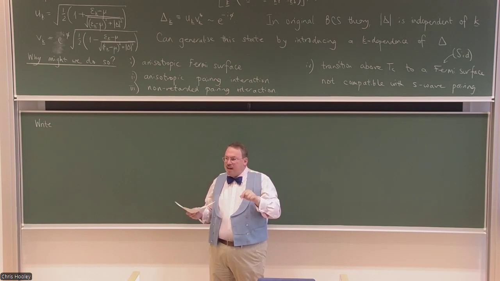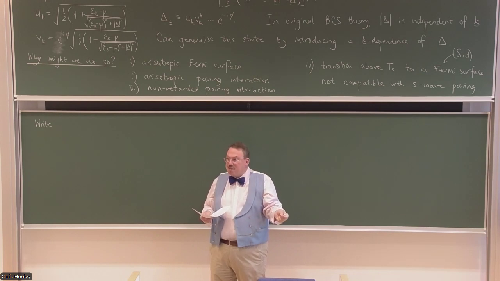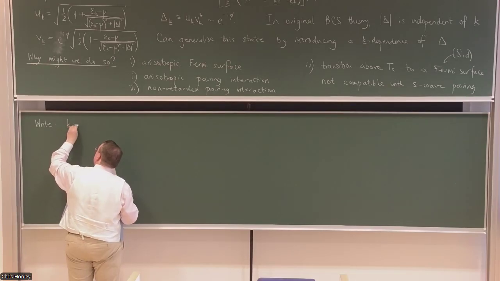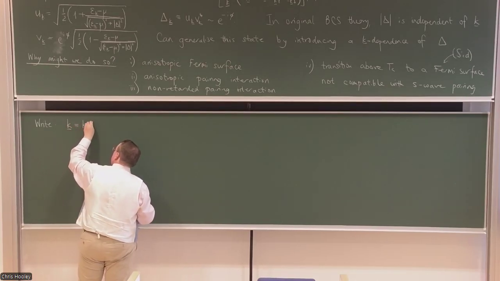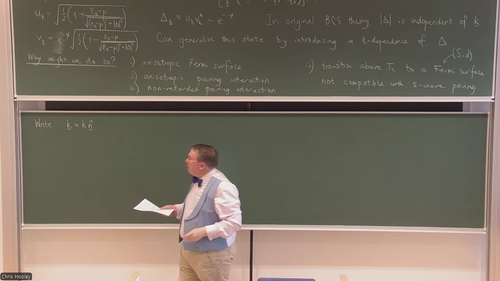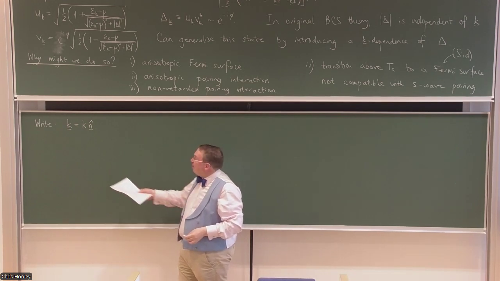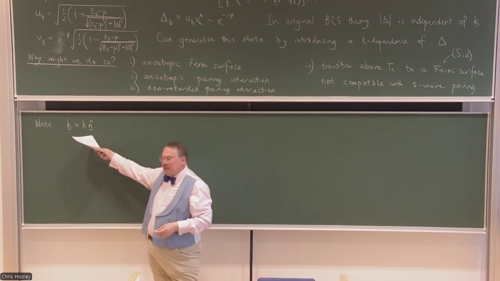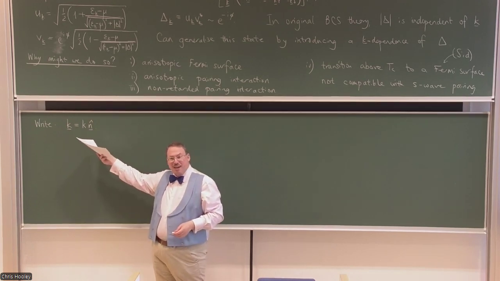So people tend to have this discussion in terms of how delta changes as you go round the Fermi surface. And so in the isotropic case, I can conduct this discussion by writing my momentum vector as a magnitude and a direction. And the hat on this does not mean that it's an operator, it means that it's a unit vector.